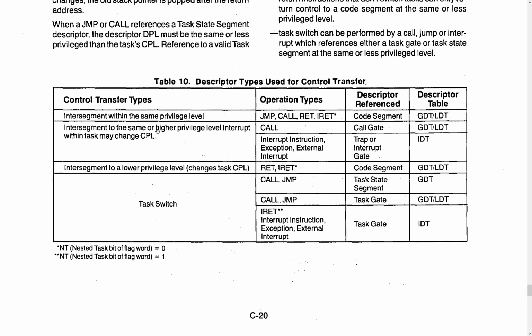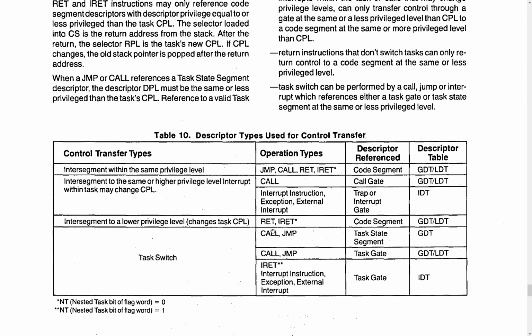And even if we wanted to jump to higher, then this would need to be a call through call gate, but let's leave that for later. So we are only left with return. So perhaps set up return and see what happens.